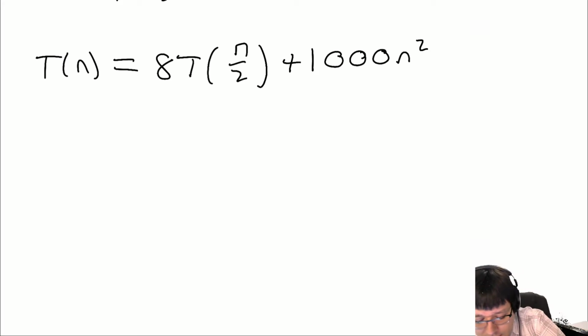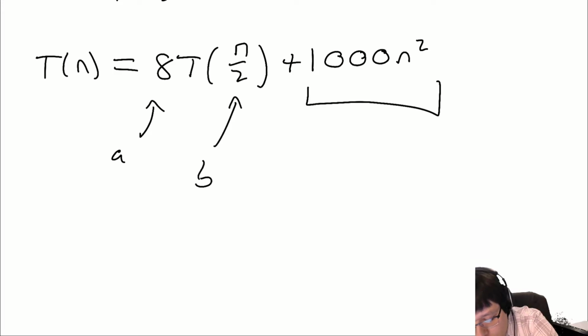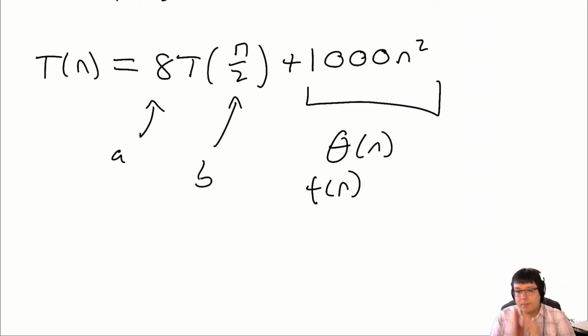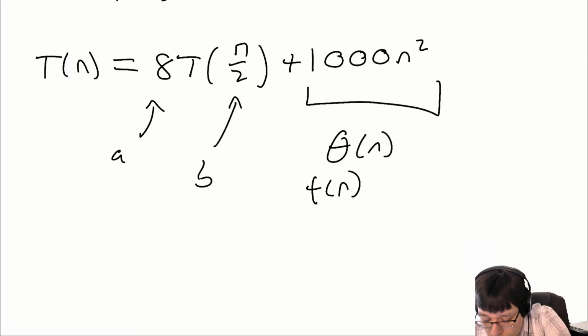Okay, so in this case, this is our A right here. This is our B. And then this is going to have to be our theta of n to the D, or you can think of it like your function, f of n. How do we convert that into that theta of n format so that we can figure out what D is? Very easily, you just do your certificate for it.